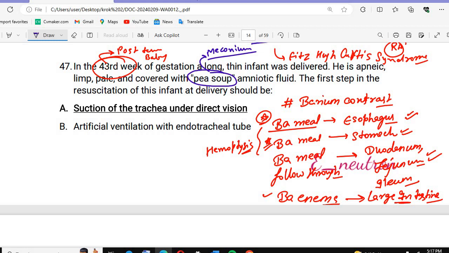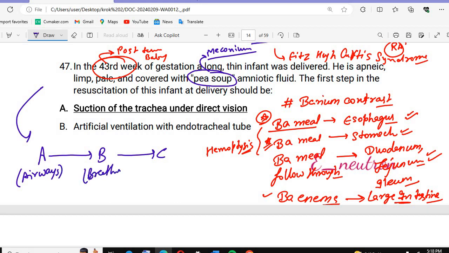The first step in the resuscitation of this infant at delivery should be, see, first you will do the ABC. What is the ABC? First you try to maintain the airway, then breathing, and then circulation. So here what you need to do is suction of the trachea under direct vision, because other complications might not be possible to manage in that condition.